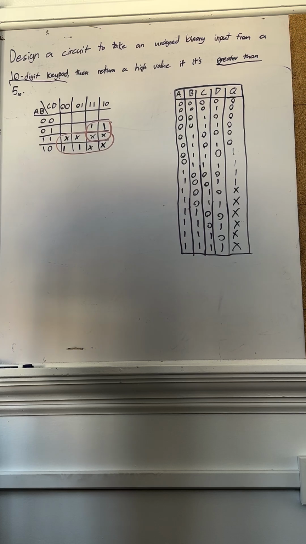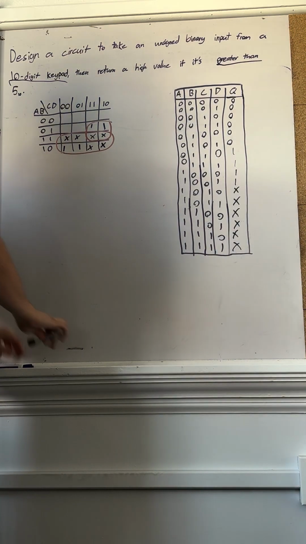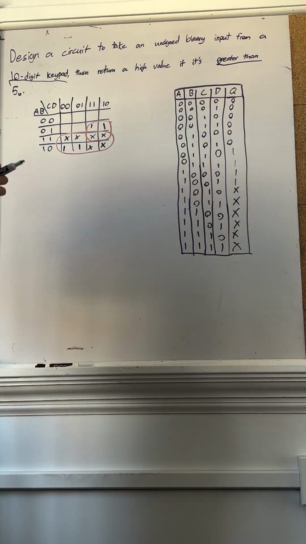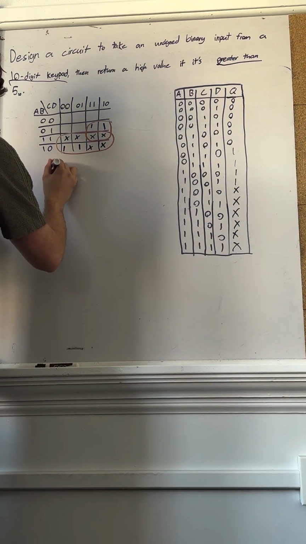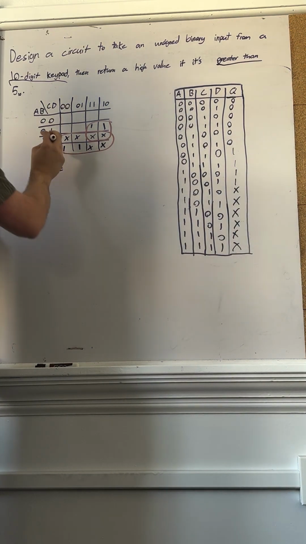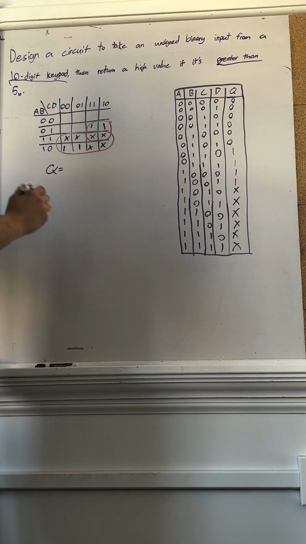Now, with those, we're going to break up Q into the sum of products form that we need. So, for Q, we're going to start with the bottom one. Fortunately, this one is very easy.